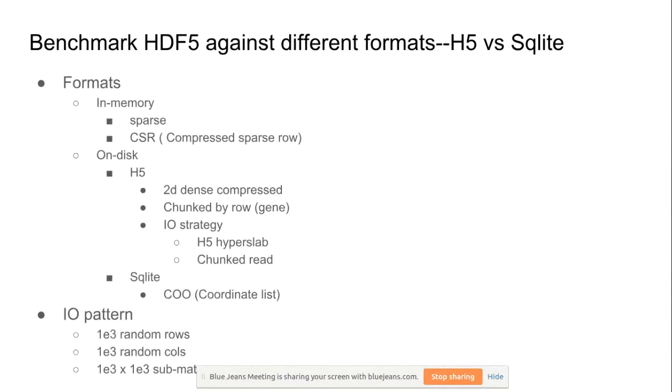For the H5, we use the 2D dense format, compressed by the default gzip compression, and chunked by row, which is gene-wise.